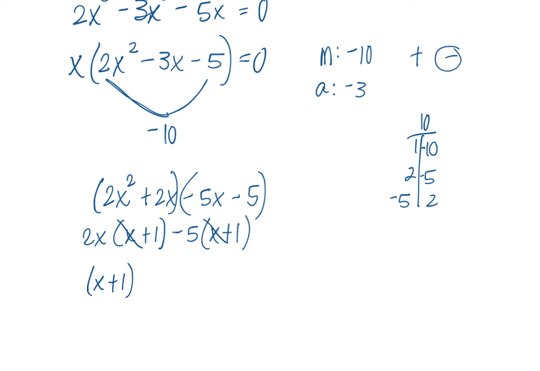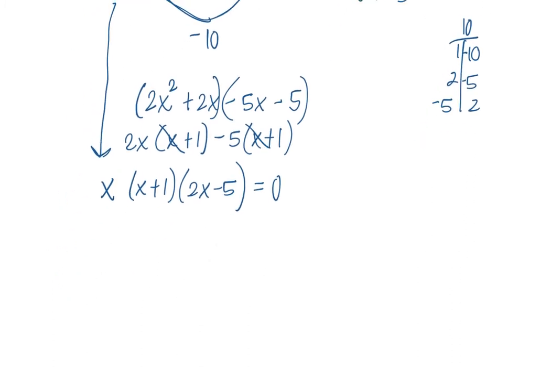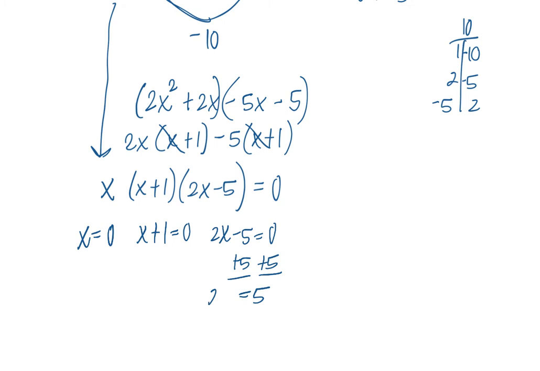So if you pull that out, you're left with 2x minus 5. You had a GCF of x. So now if we set all three factors equal to 0, right here, you're going to add 5 to both sides. 2x equals 5, divided by 2, x equals 5 halves.